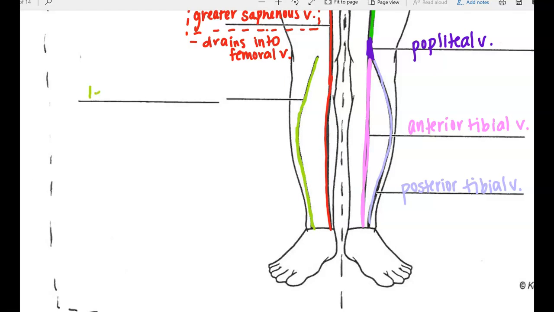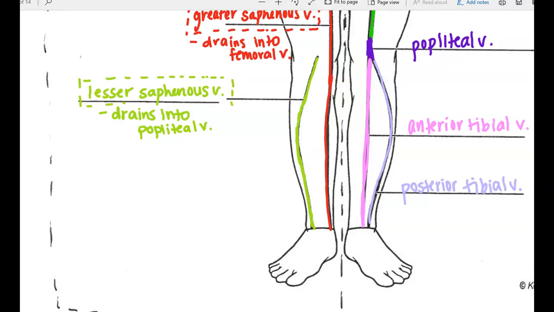So this is our lesser, or it's also called the small saphenous vein. And this drains into the popliteal vein. And we're going to put dotted lines because this too is a superficial vein.